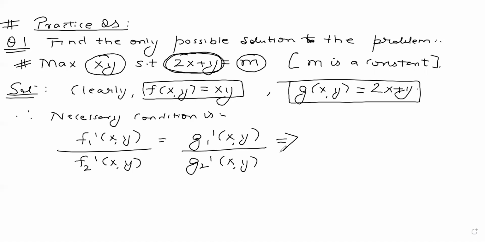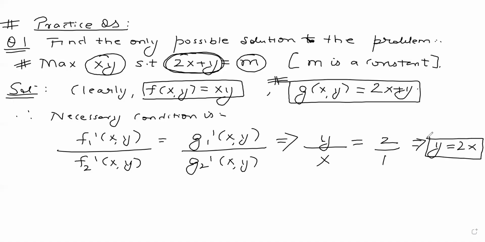What is f1 dash x, y? If I differentiate the function with respect to x, I get y. If I differentiate the function with respect to y, I get x. Equals, if I differentiate my function g with respect to x, I get 2. If I differentiate my function g with respect to y, I get 1. So y by x is equal to 2 by 1, which implies y is equal to 2 times x.